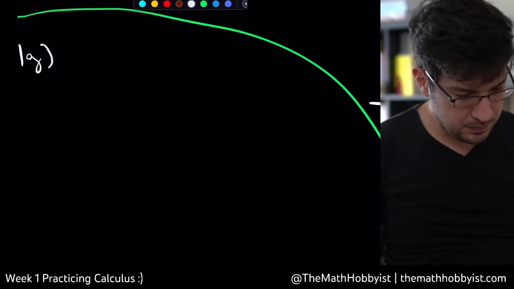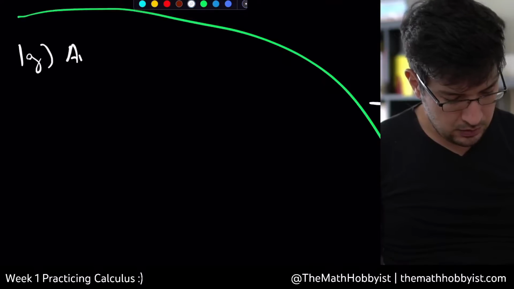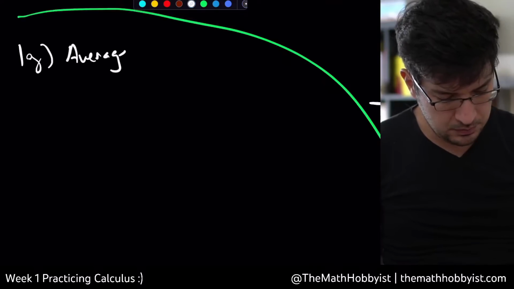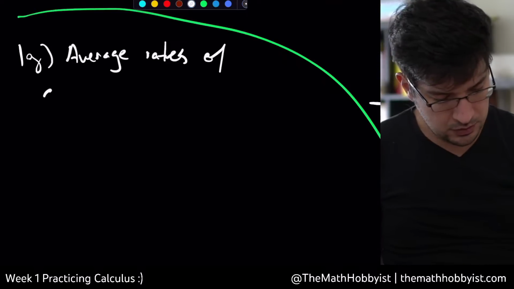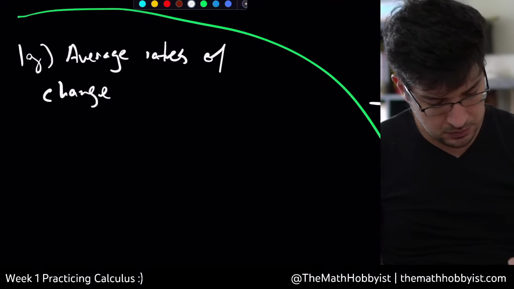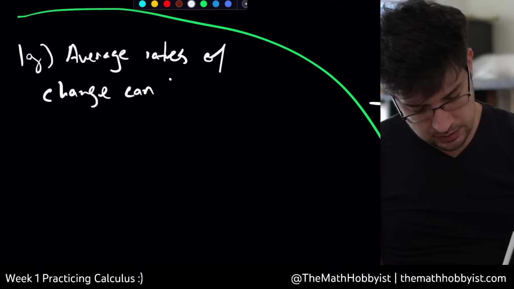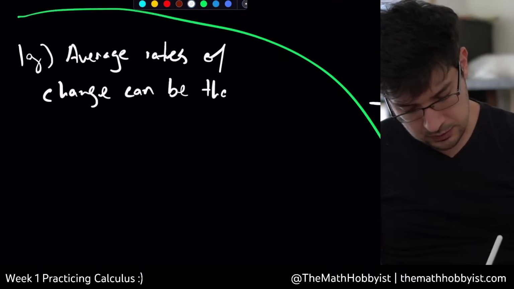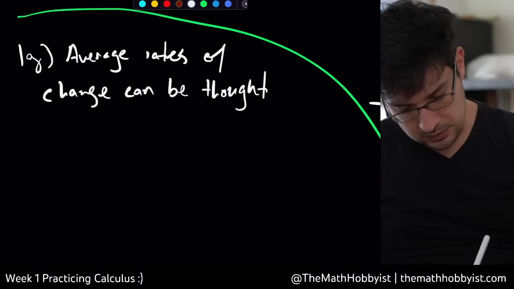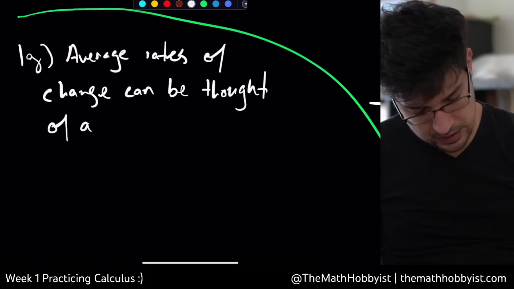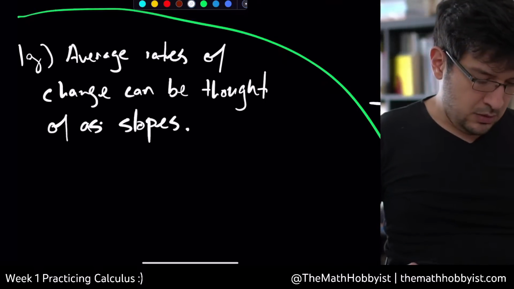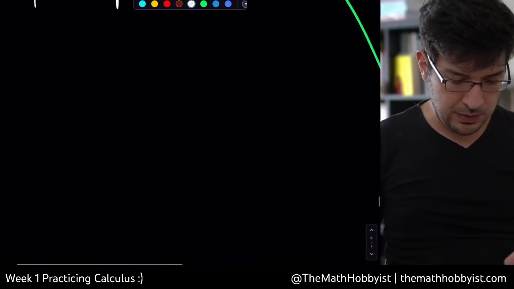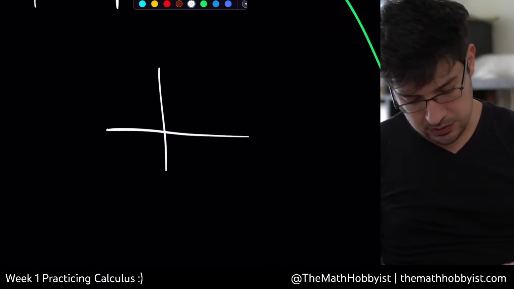1G. Average rates of change can be thought of as slopes. Okay, average rate of change between 2 points.